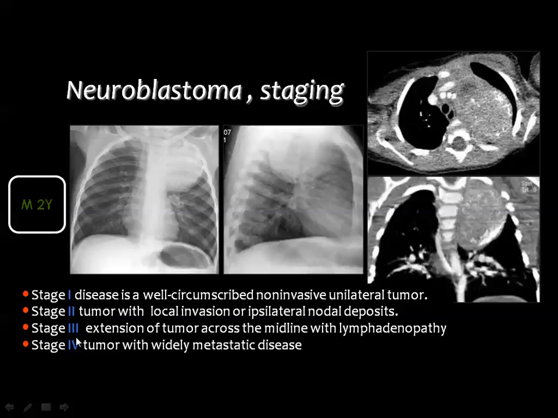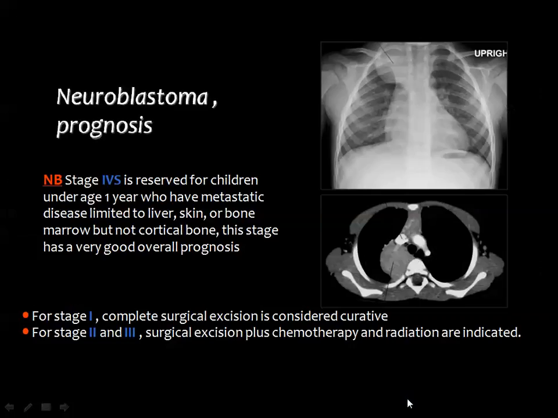Stage 3 is extension of the tumor to the opposite side with metastatic lymphadenopathy. Stage 4 is dissemination with metastatic disease anywhere. And here is a big solid mass. It contains calcium. The patient is 2 years old, and you are dealing with neuroblastoma.